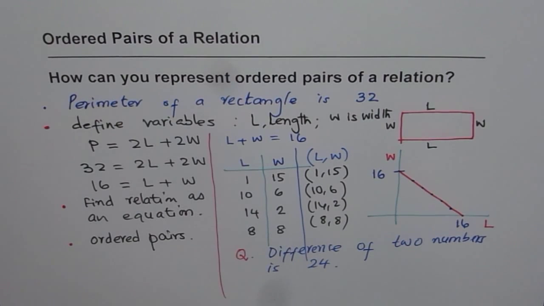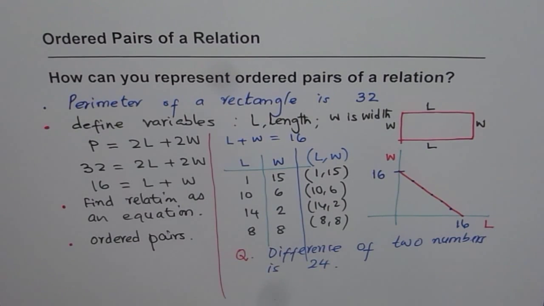The process is the same. You can say let the two numbers be x and y, and then x minus y equals 24. And you can find many different values which will be the set of ordered pairs which satisfy this relation, because you have found the equation. The equation is x minus y equals 24. I hope the process is clear.